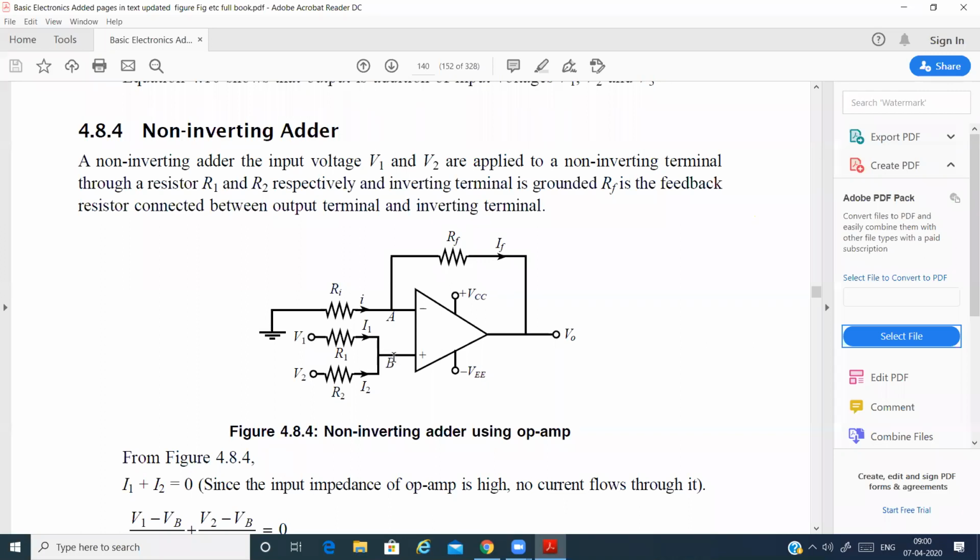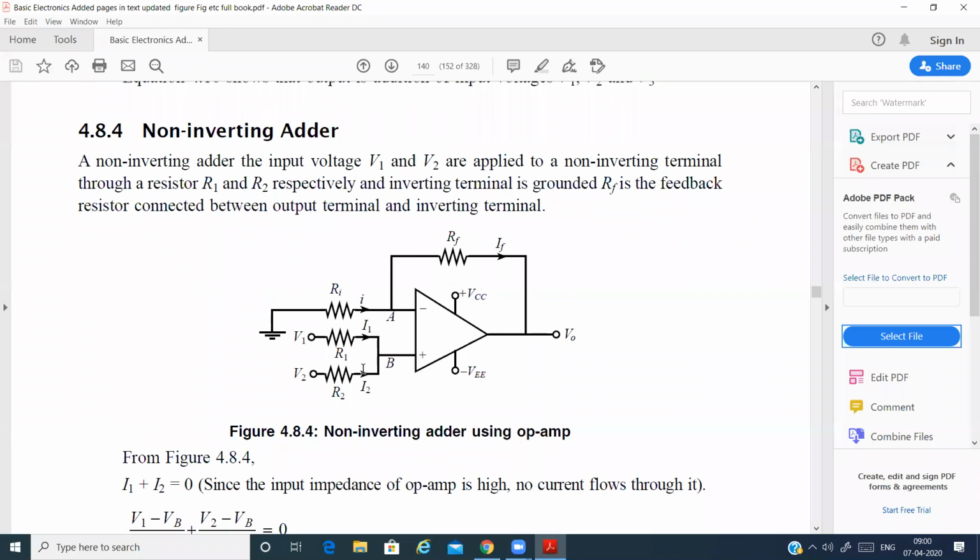And after finding out the total voltage because of V1 and V2, then we'll apply the Kirchoff current law at A, and we substitute that the voltage at A will be equal to the voltage at B according to the virtual ground concept. So this is what we have to do.